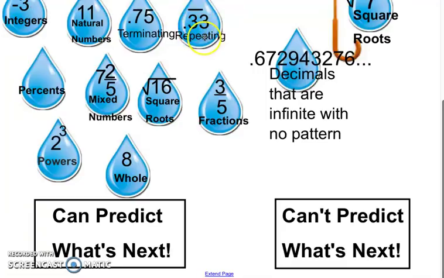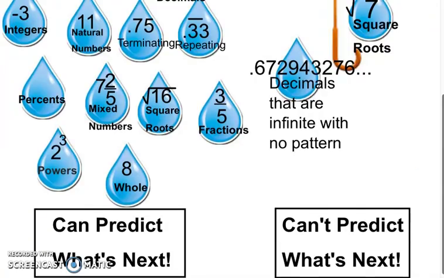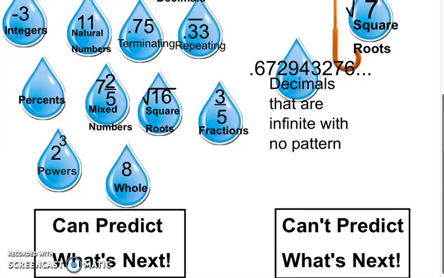Even with this decimal, 0.3 repeating, I know that a 3 will come next because it's repeating a pattern. Now, with irrational numbers, you can't predict the number that comes next because it is not repeating a pattern for us, and it's continuing on infinitely.